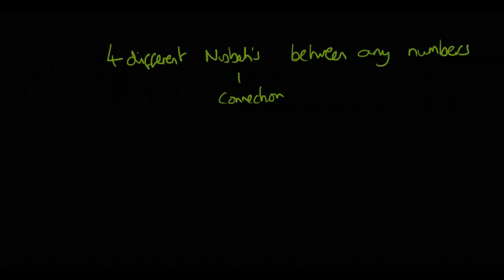So the first nisbah, in Arabic, is called damathul. And what this means is similar. It comes from the root word mathala, and it means same or similar.